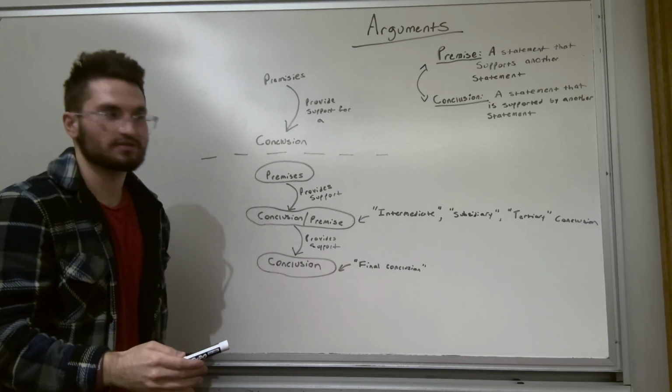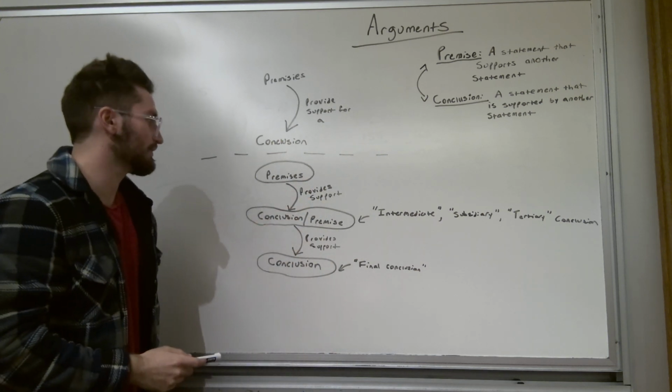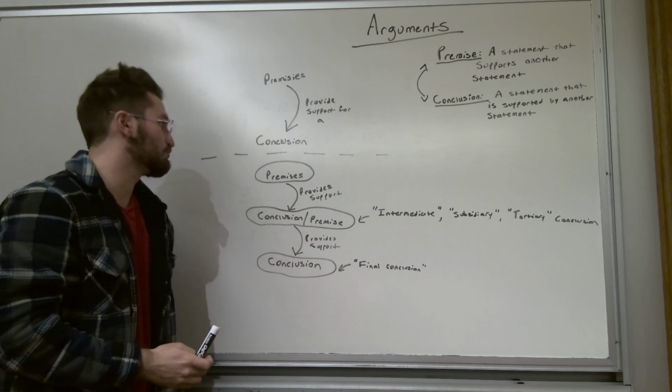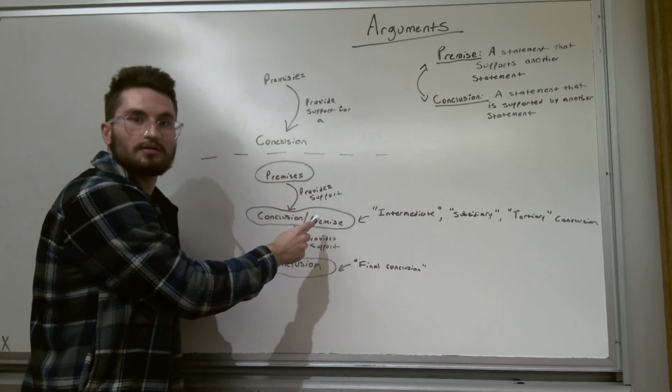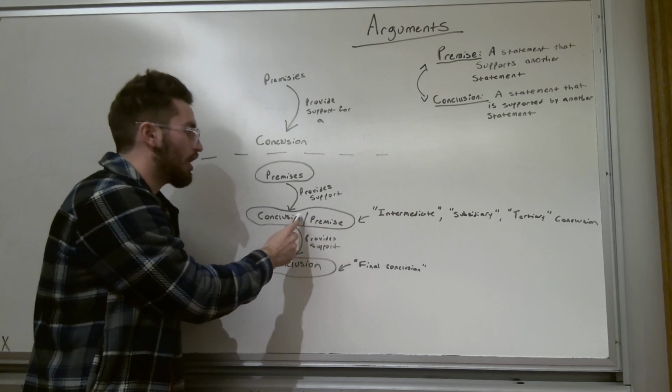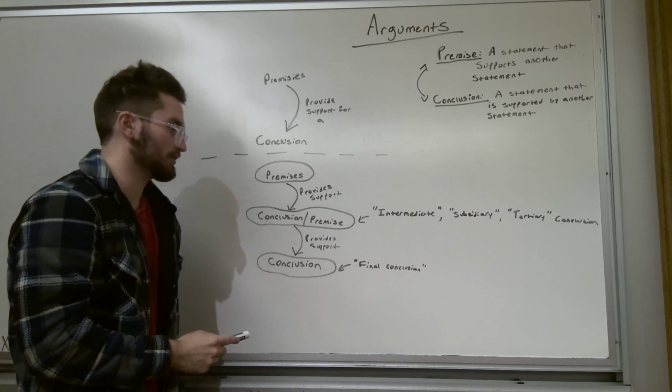Now, in addition to those basic arguments, you will also have complex arguments in the LSAT. And a complex argument is where you have premises that support a conclusion. However, that conclusion also supports yet another conclusion in the argument.